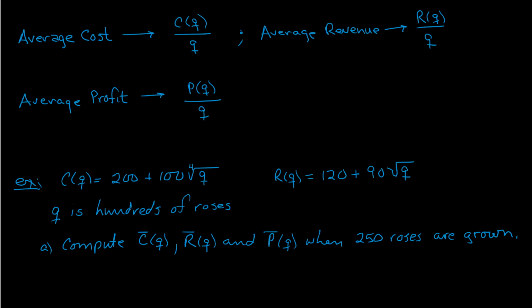In business and economics, three very important ideas are average cost, average revenue, and average profit. To compute the average, you divide the total by how many you have. For example, let's say you go into Aldi's or Kroger's and you buy a 12 pack of pop, and you pay, let's say, $4.99 since it's on sale.